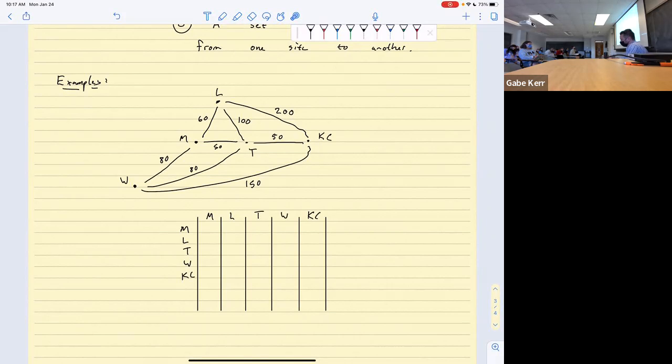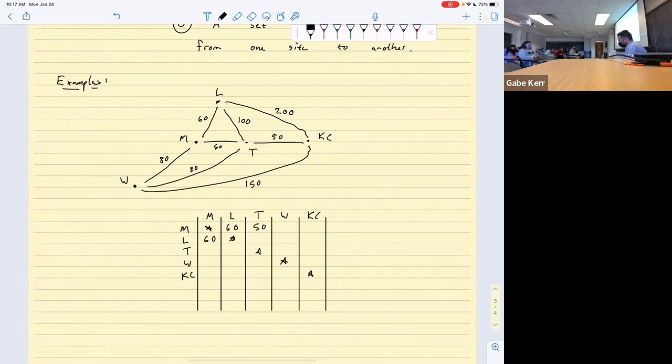To go from a city to itself, there's no cost, so you put little asterisks on the diagonal. But Manhattan to Lincoln, we see a 60, so we'll put 60 here. Let's say it costs the same to go one way as the other. And so on, you can fill out the table.